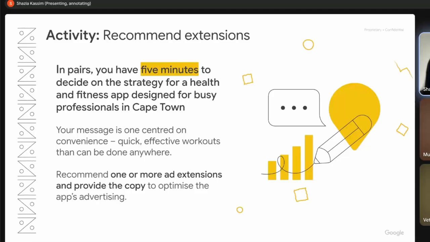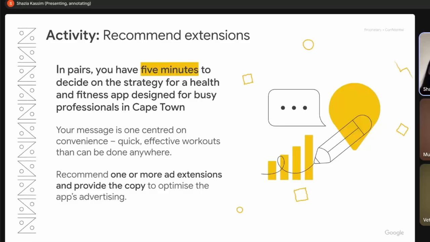Have we managed to complete the activity, and is there anyone who would like to unmute and share the ad extensions that they've come up with or that they recommend and the copy for those extensions as well? Anyone?